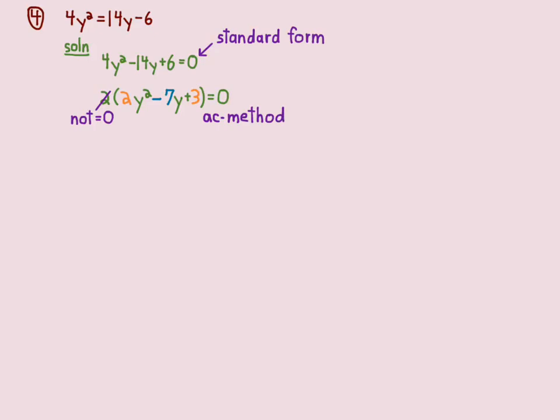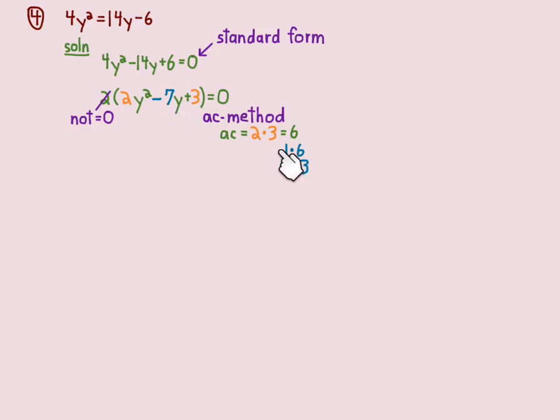And then I'm going to use the AC method, just because I decided to. So AC is the 2 times the 3, which is 6. You want two factors. Well, this is a plus, so both factors will have the same sign. To get the middle term, I'm adding them. They have to both be negative because this is negative.